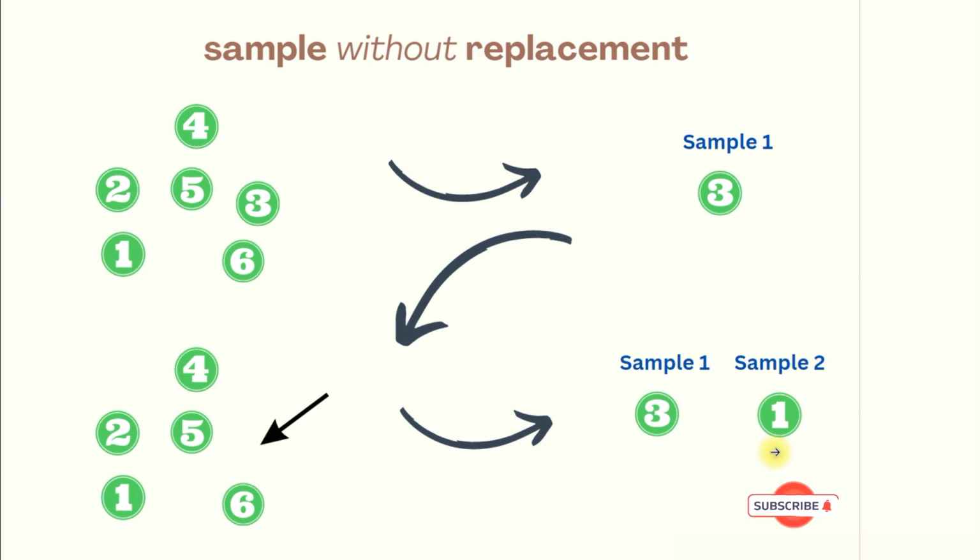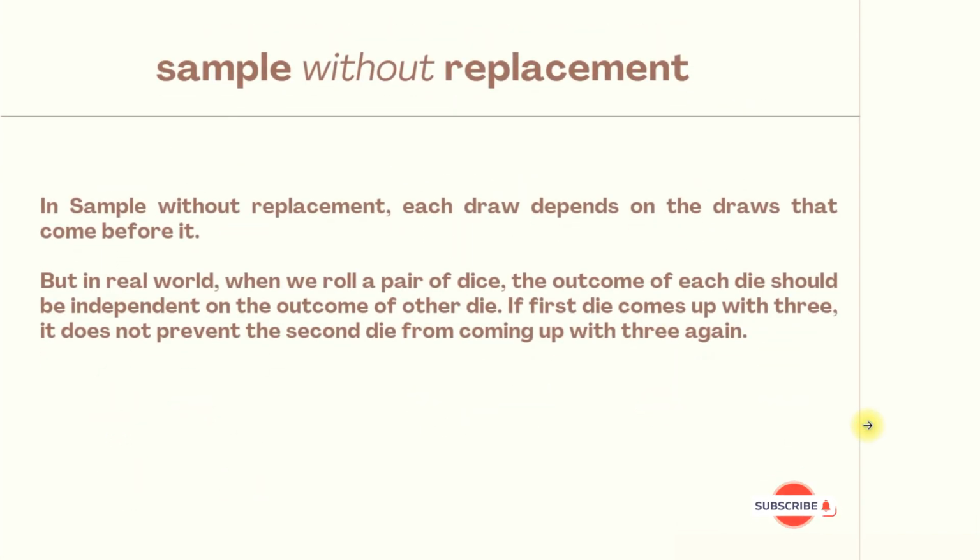Now, one side effect of sampling without replacement is that each draw now depends on the draw that comes before it, right? The outcome of the second draw depends on the outcome of the first draw. If I select number 3 on the first draw, I would know that I will not be getting number 3 again in the second draw.